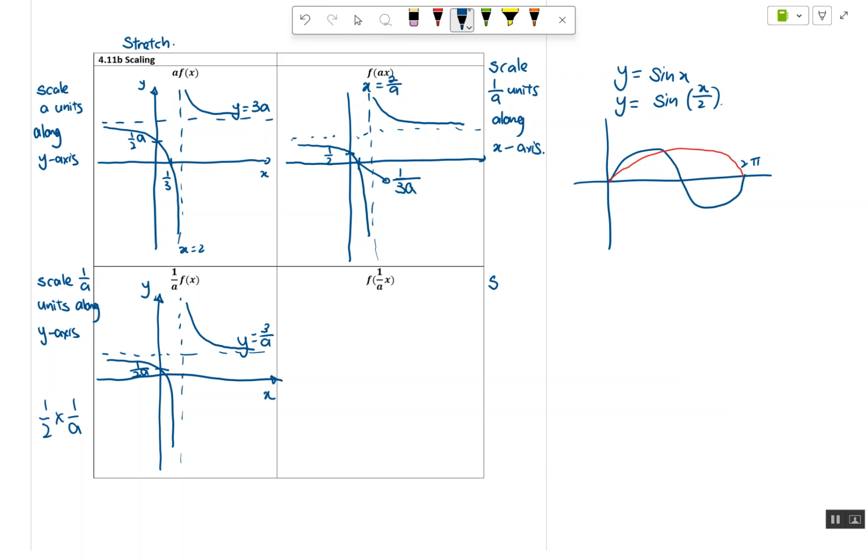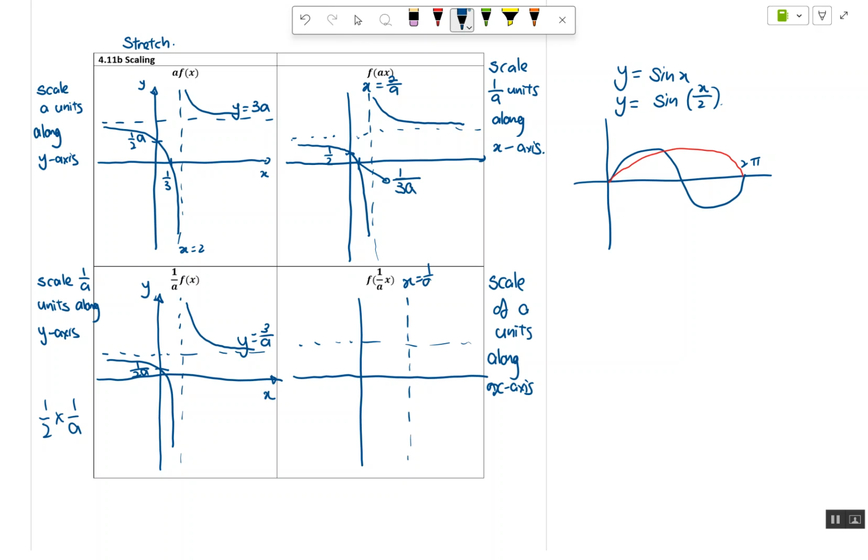Okay, so in this case, this is a scale of a units along the x-axis. That means when you times 1 over a, the whole graph will actually look bigger. The whole graph will actually look bigger. x equals 2a, the y is still 3, there is a graph here, and then there's a graph here.